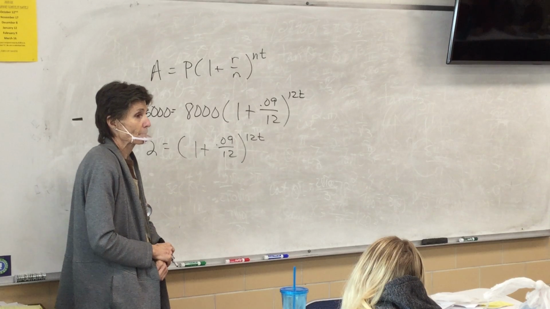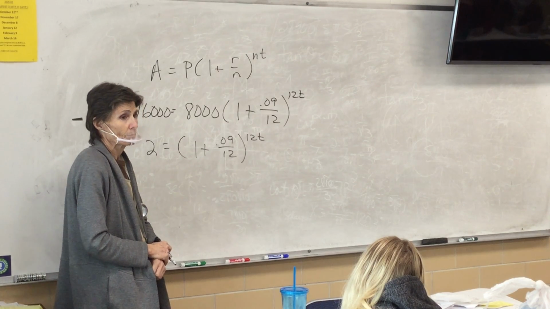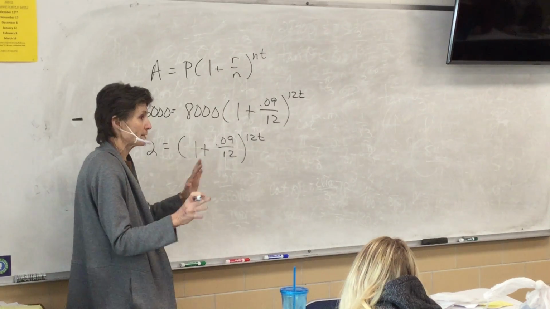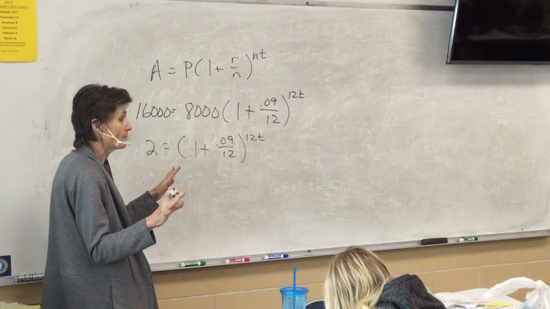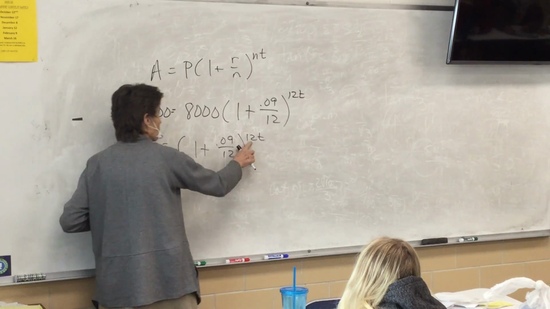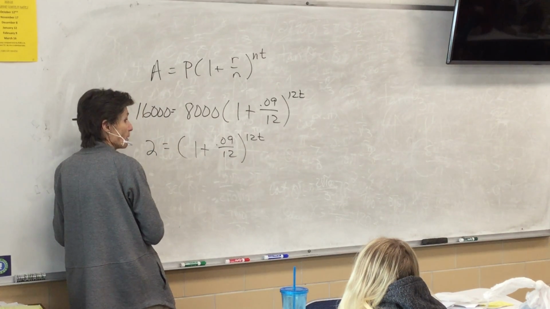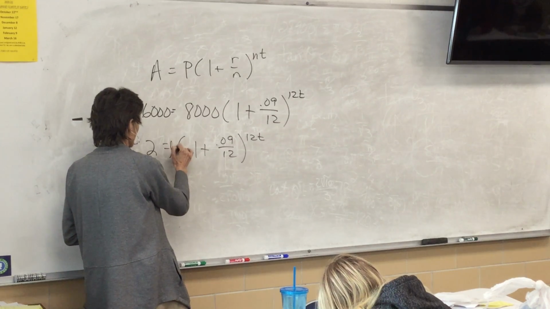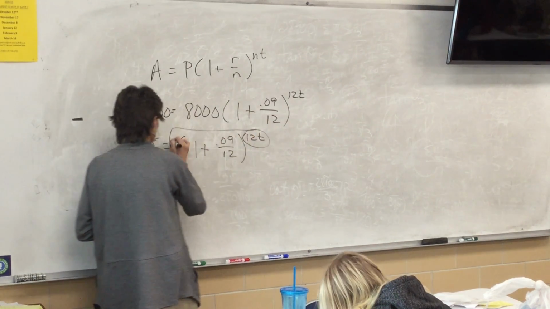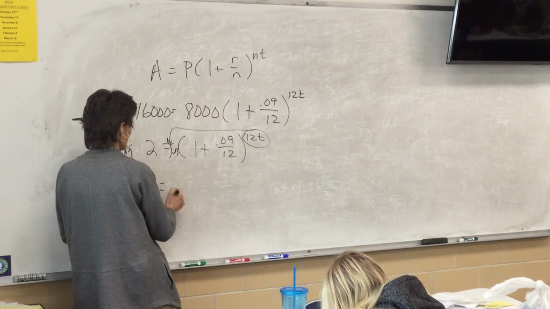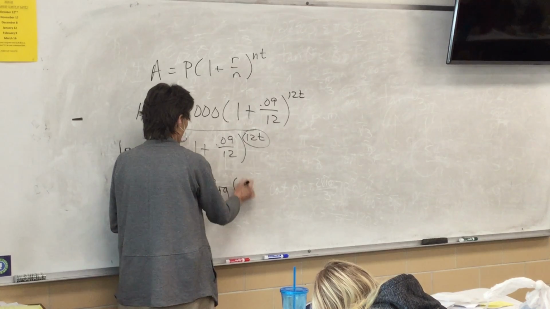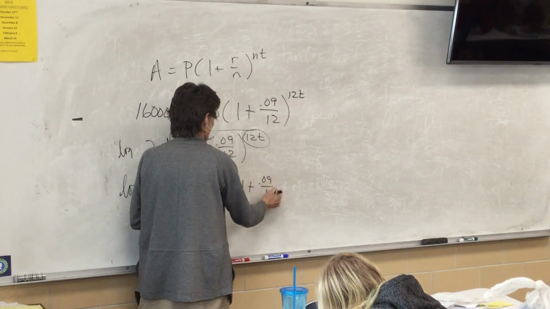Now what? We're going to have to ln, or log, because we're solving for an exponent. So when I log both sides, this is going to come out in front. So the log of 2 equals 12t, log that parentheses.